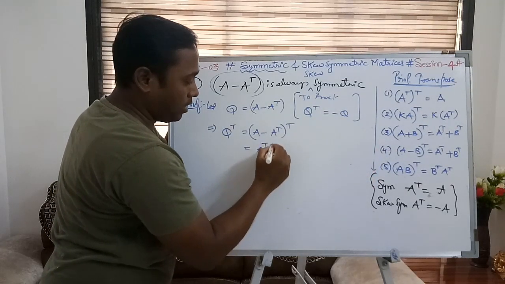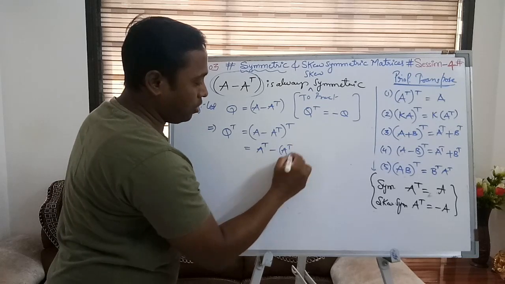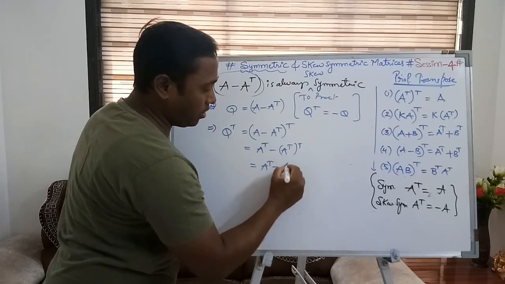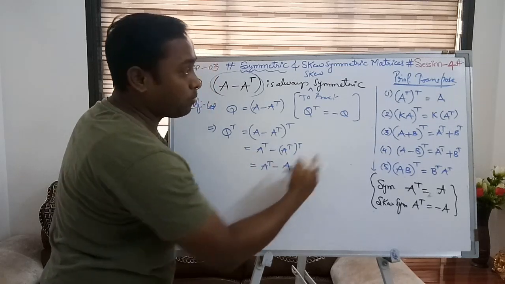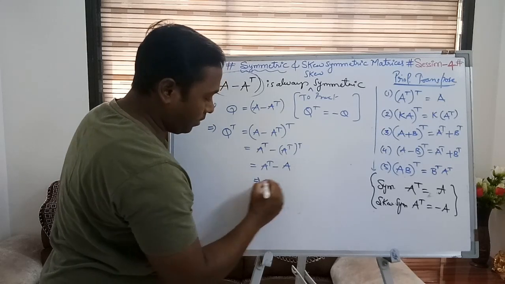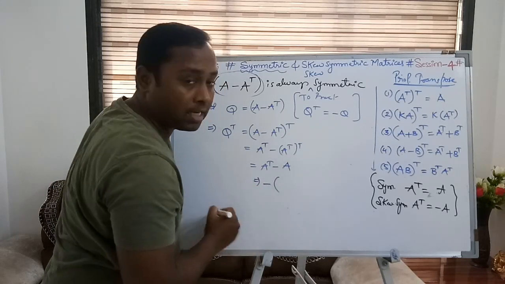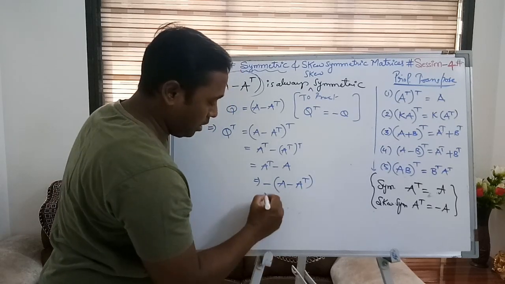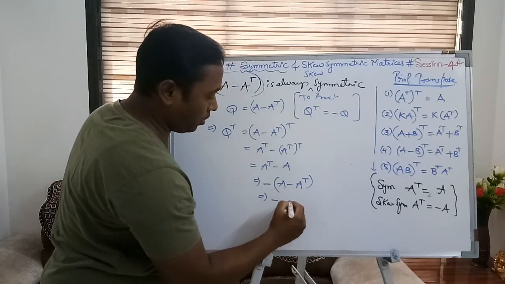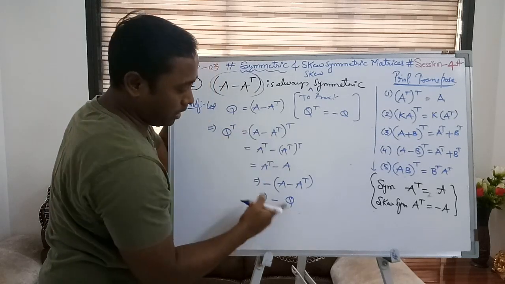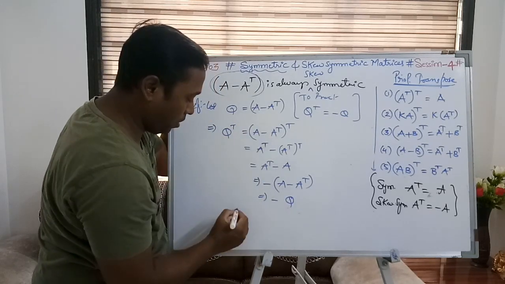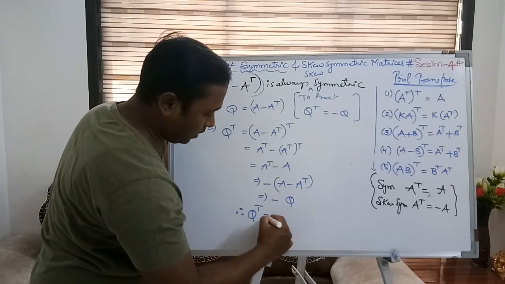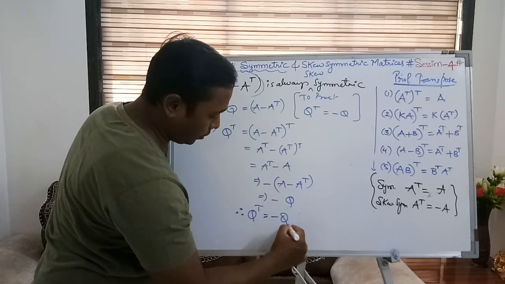So I can write it as A dash minus (A dash) the whole dash, and (A dash) the whole dash is the matrix itself, as property number 1. Hence, by taking minus common, I can write it as minus (A minus A transpose), which is basically equal to minus Q. Now what have I proved? Therefore Q transpose is equal to minus Q.